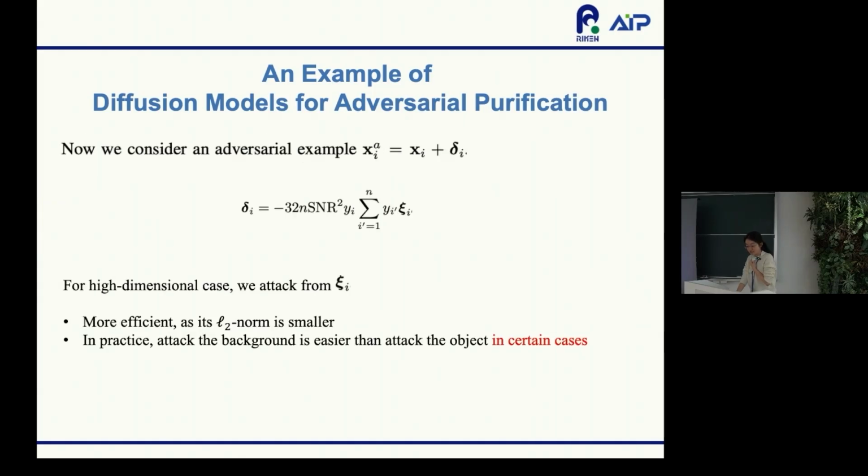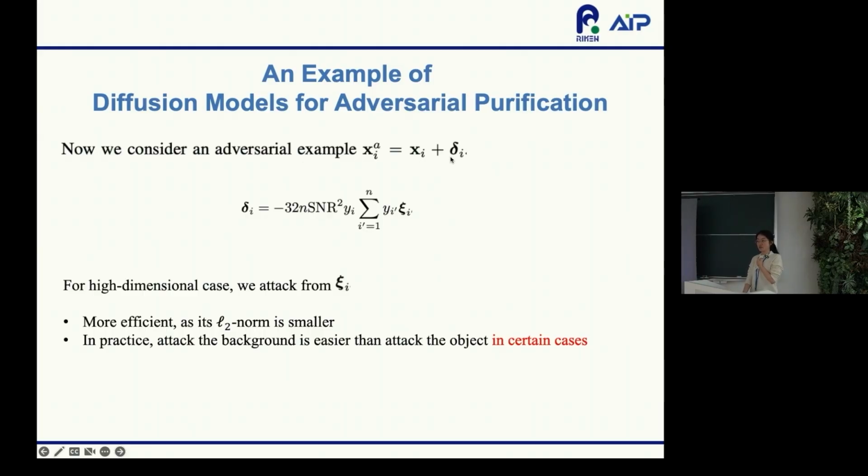Given that this correct linear classifier exists and the past assumptions, we now consider an adversarial example, constructed in a very standard way: we have the original clean data plus the adversarial attack.